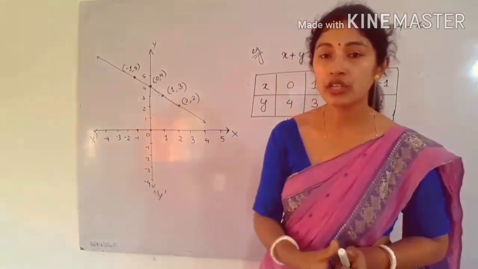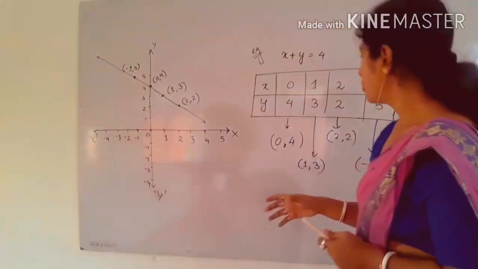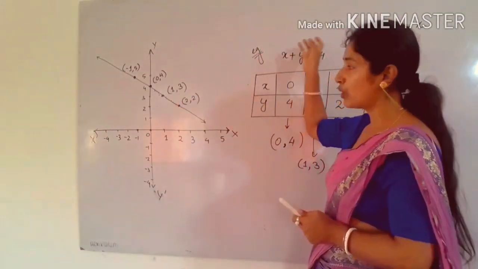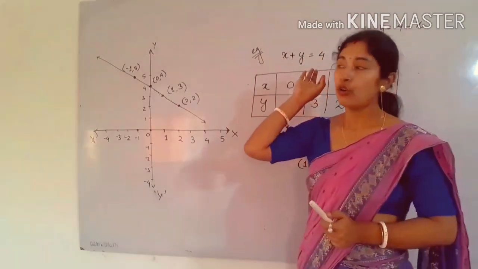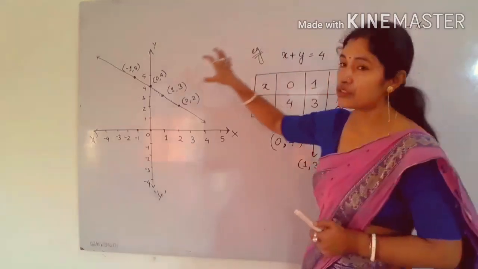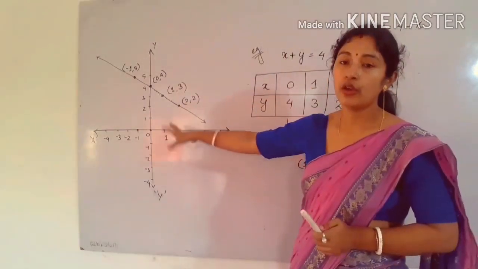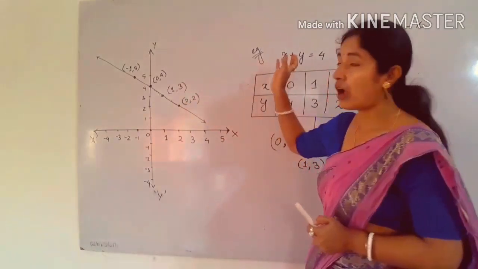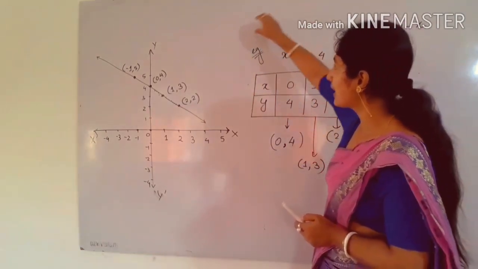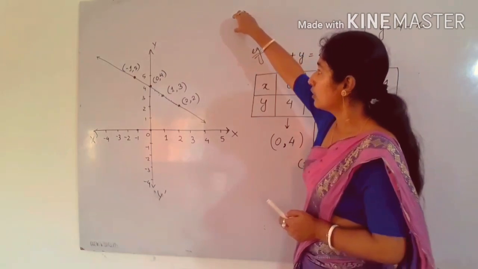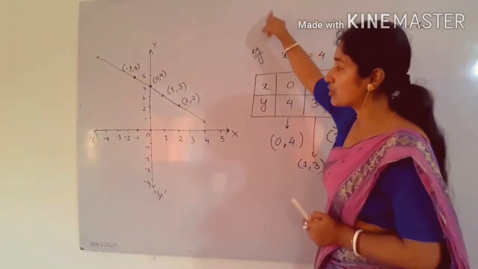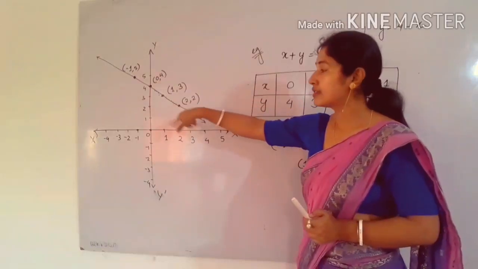Okay, so a question will come like this. Suppose a graph is given and there are many equations which are given. So the question should be asked like this, that which equation satisfies this graph? Okay, so how to know which equation? Suppose there are 4 equations and you are asked which equation should satisfy this graph.